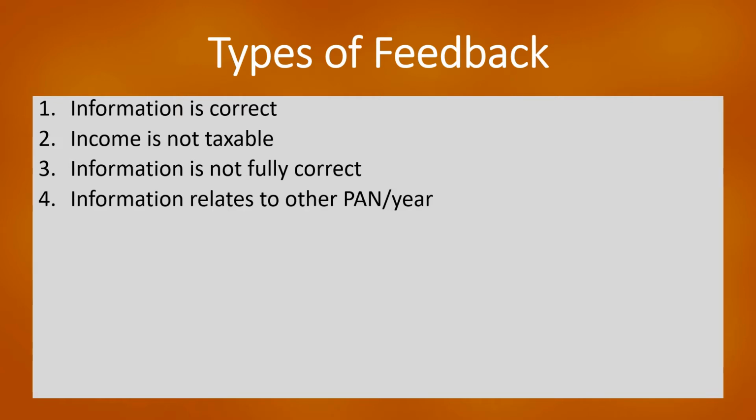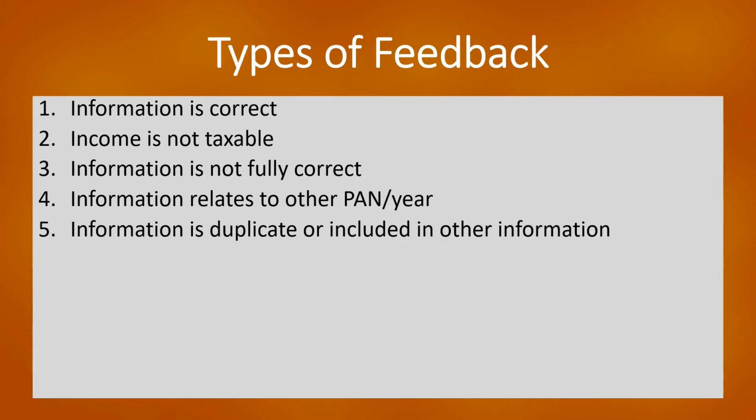Fourth one is information relates to other PAN or year. If our AIS has any information which is relating to any other PAN or which is pertaining to some other year, then we can select this feedback option. Fifth one is information is duplicate or included in other information. If a single transaction is reported more than once, then we can choose this type. Sixth one is information is denied.